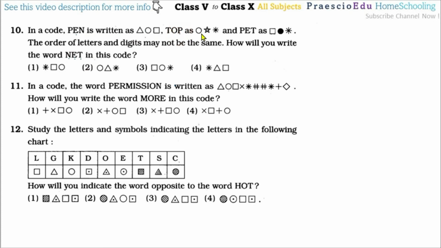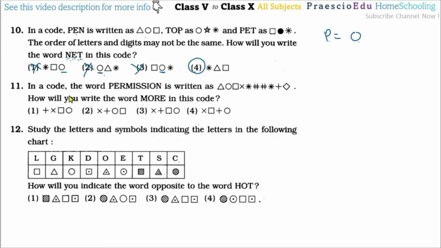After finding the common things, you will find P is equal to O symbol. But this P is not mentioned in NET, and these three options have it, so these three options are not related to NET. So the remaining option number 4 can be related to NET. So option number 4 is the correct one.